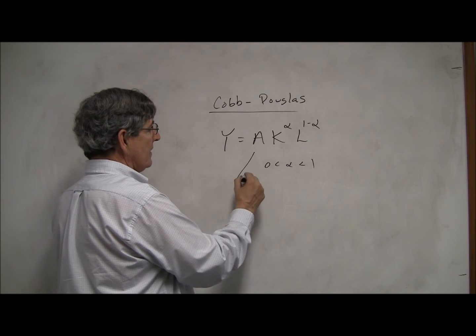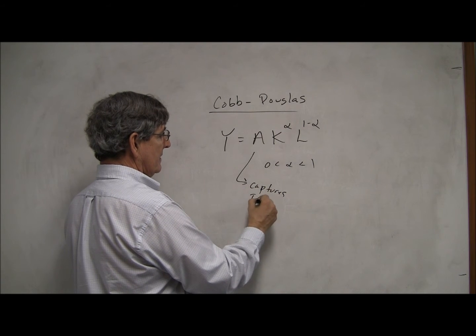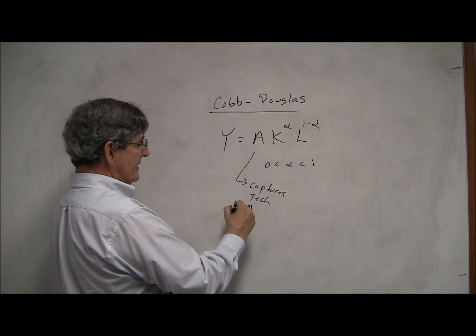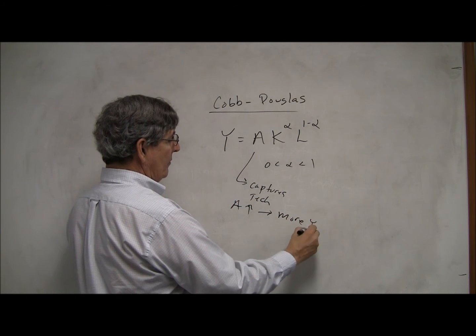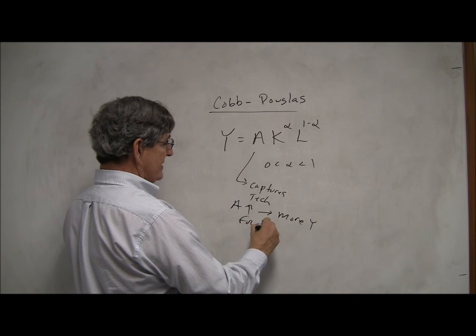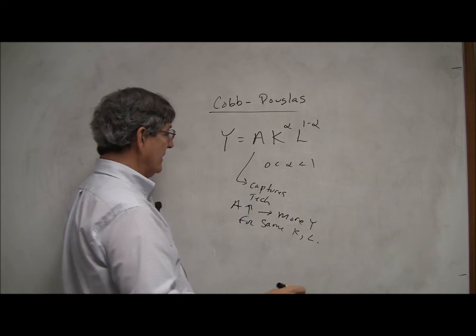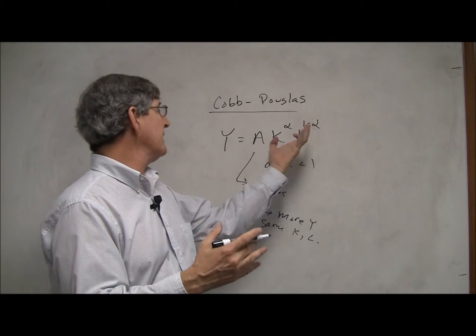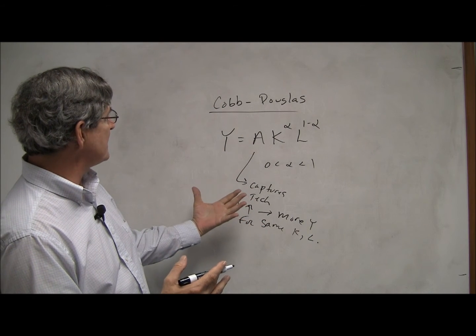A, in this model, captures technology. When A goes up, if A increases, we get more output for the same inputs, capital and labor. And so that's like technology getting better. We have the same inputs, but we're making better use of them. So as A goes up, that's like technological change.